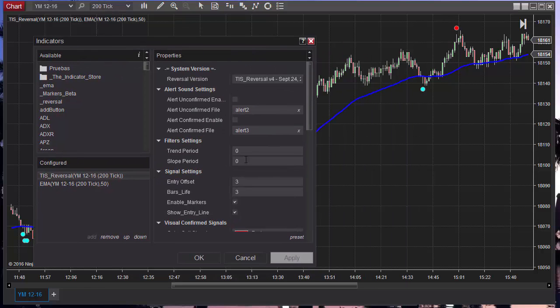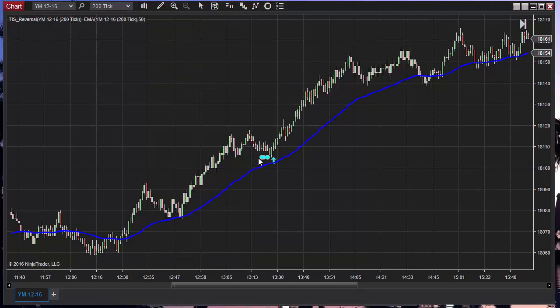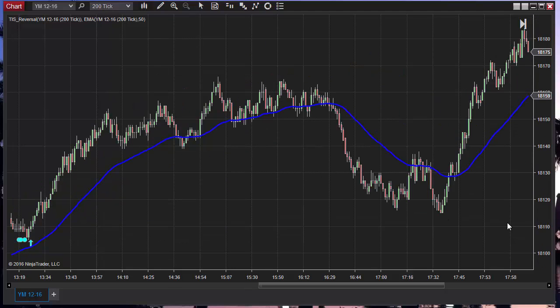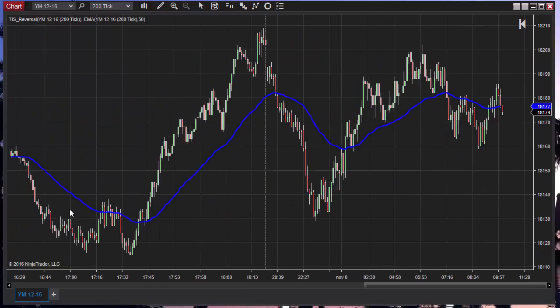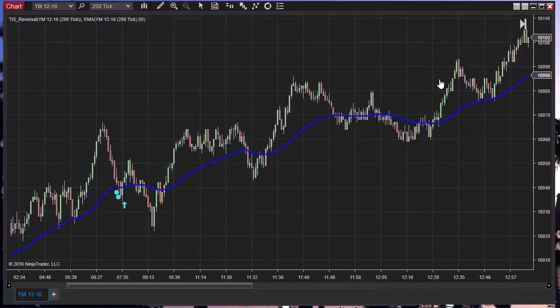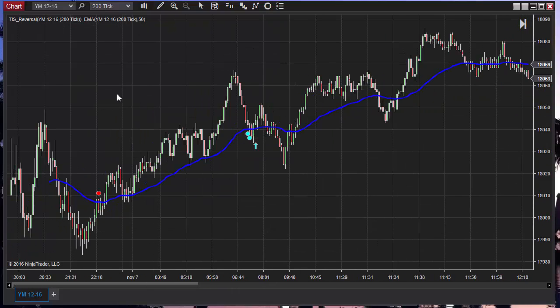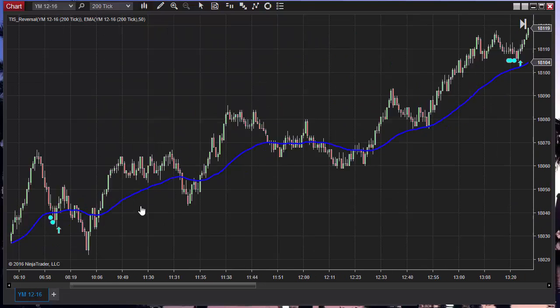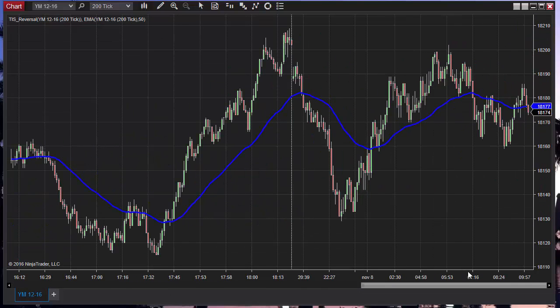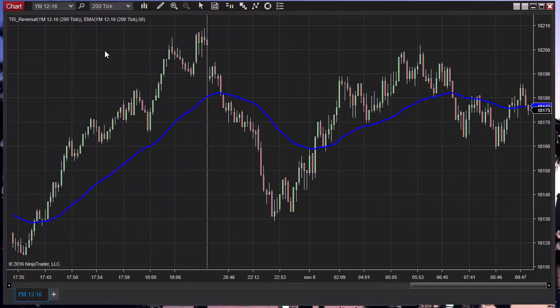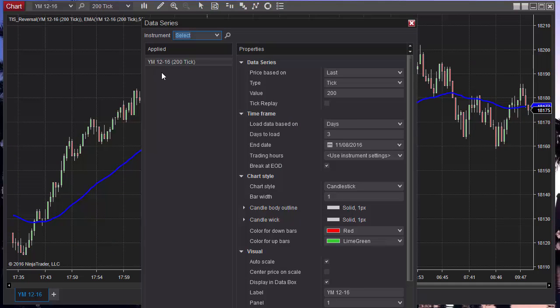This 50 moving average looks like working fine, so if we add again the filtering, then we get only the longs with the trend. And let's see if we find a short. I will add more days.